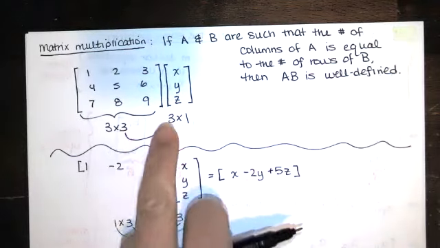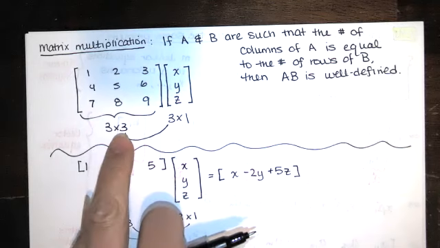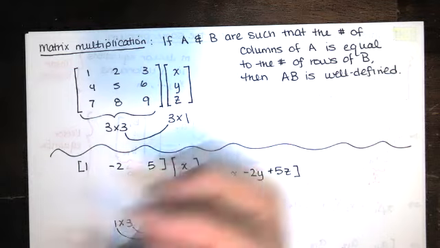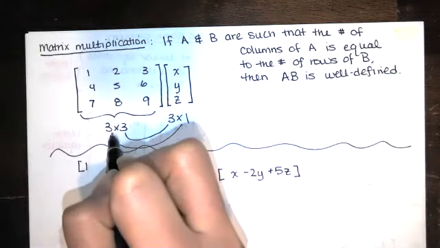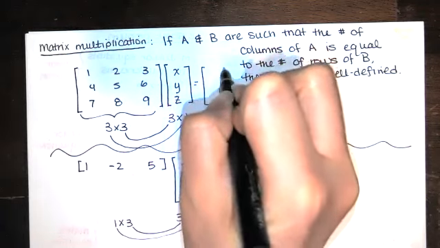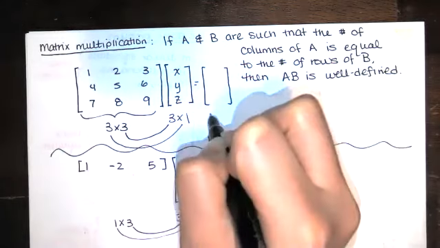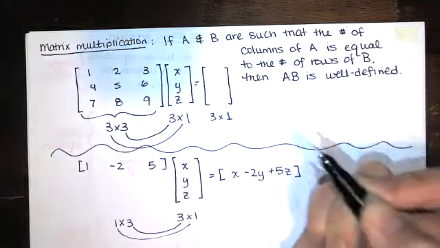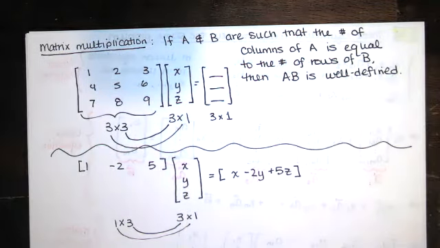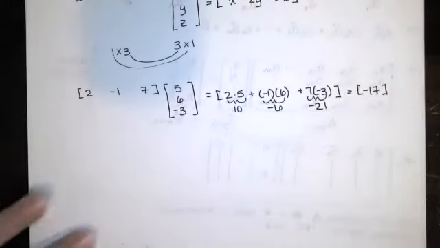So we need these 2 dimensions in the middle, the number of columns here and the number of rows here, to be the same. The resulting matrix will have size given by this by this. So it's going to have 3 rows and 1 column: 1 entry, another entry, and another entry. And we can figure out what that is in just a moment.